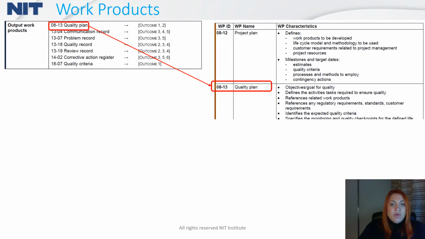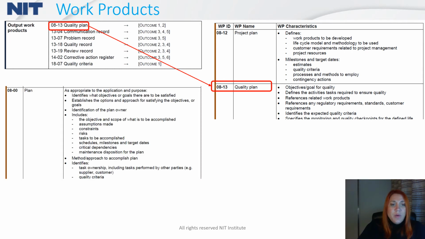But there is also one generic work product called plan, which is listed as 0800. This plan is a work product which summarizes all the basic and generic characteristics which are necessary to be part of one plan.